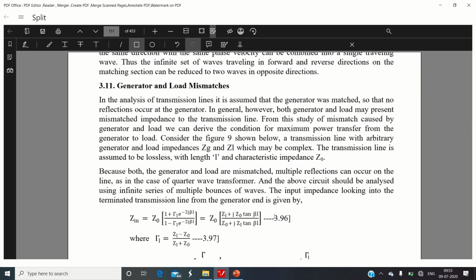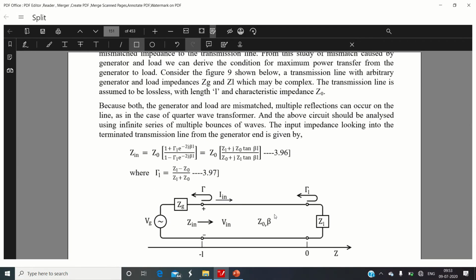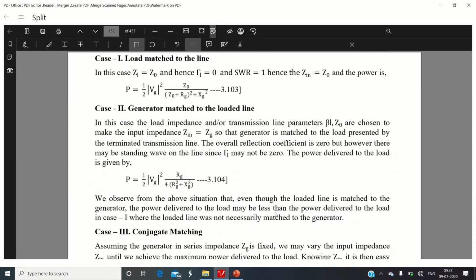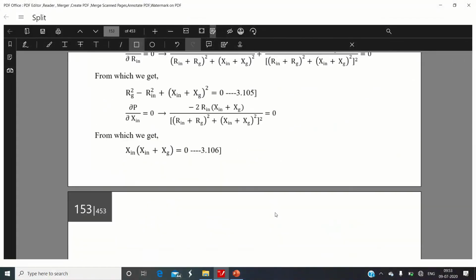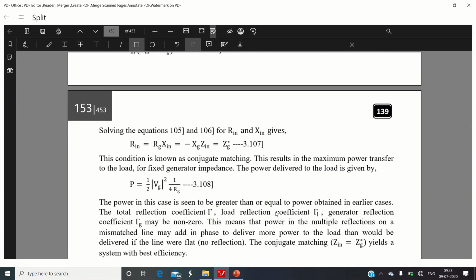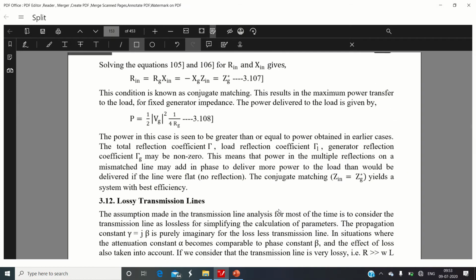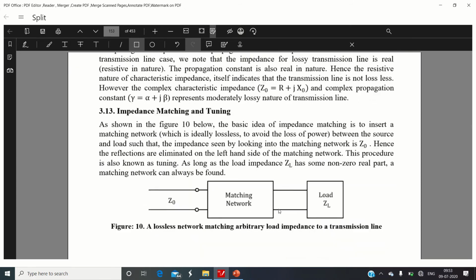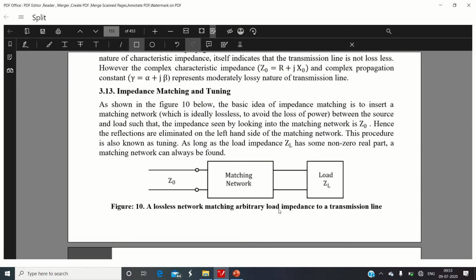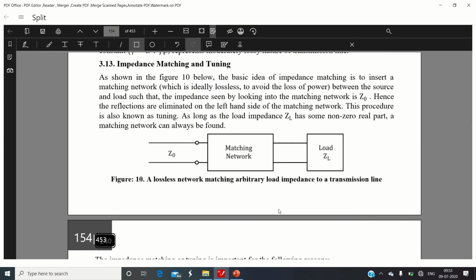We already discussed generator and load mismatches in our previous lecture. Now let us go ahead and see what we mean by lumped element matching, or impedance matching. Lumped element matching is one of the techniques, and later in this lecture we will see one more video tutorial in which a short video on lumped element matching will be demonstrated to you.